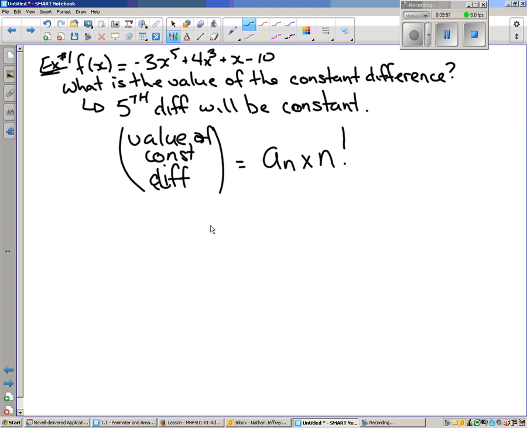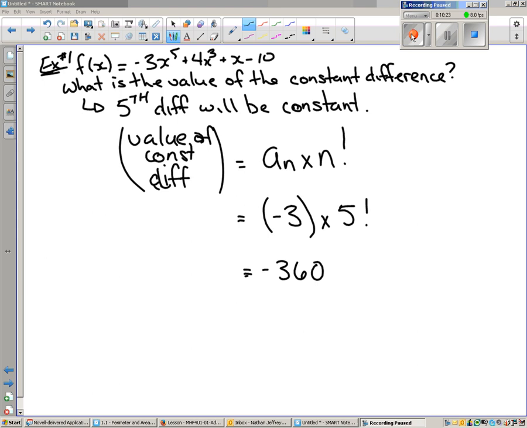What is our leading coefficient? -3. What is our degree? 5. So it'll be -3 times 5 factorial. In our calculators, let's go 5 factorial and then multiply that by -3. We should come up with -360.